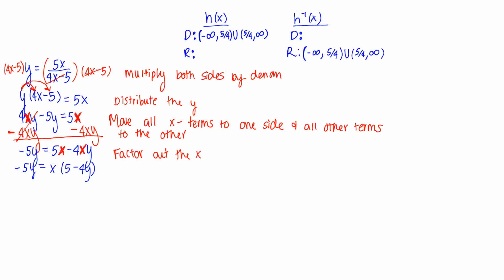All right, I went ahead and made some stuff smaller, rearranged some stuff. So here we go. We're still looking at solving for this x. We just need to divide by this leftover stuff to get the x by itself. So if we divided by 5 minus 4y on both sides, then the 5 minus 4y would cancel out.